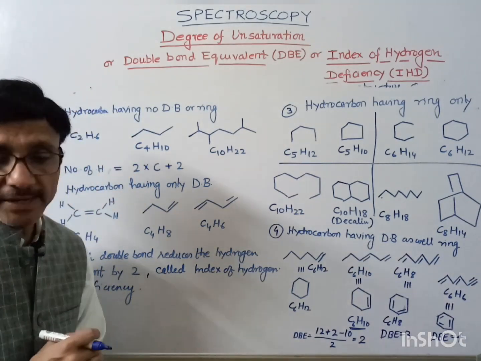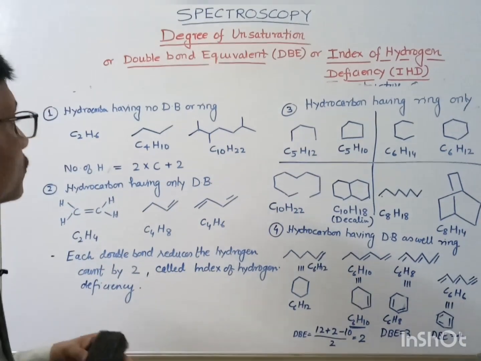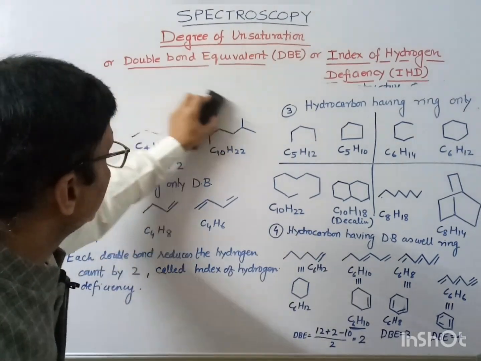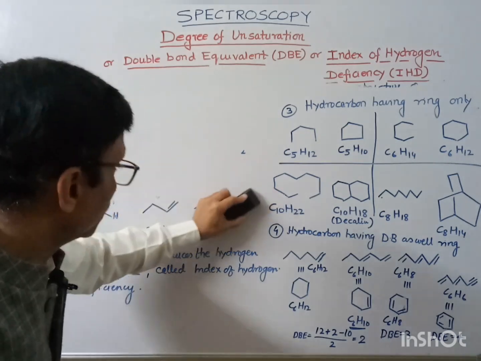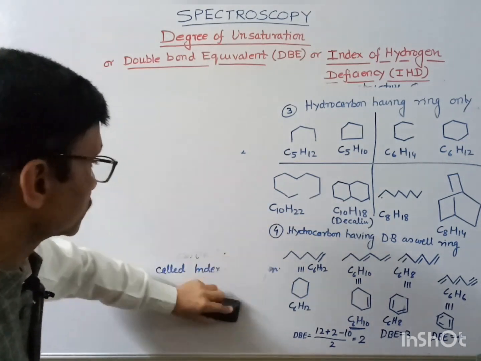Now, in the structure and the formula, we also have the nitrogen atom and the halogen atom. What was the formula?